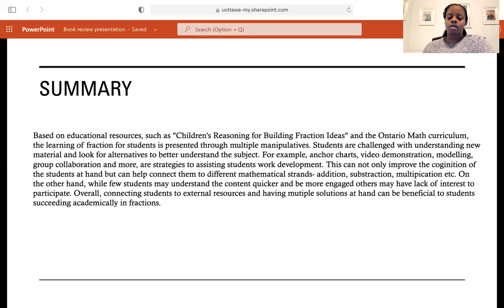For example, anchor charts, video demonstrations, modeling, group collaboration, and much more. Our strategy to assisting student development can not only improve the cognition of the student at hand, but can help connect them to different mathematical strands like addition, subtraction, multiplication, division, and so forth.